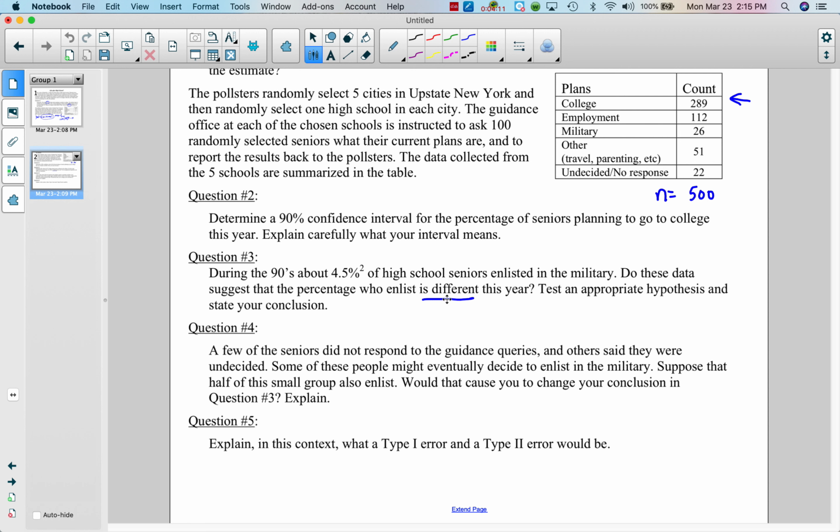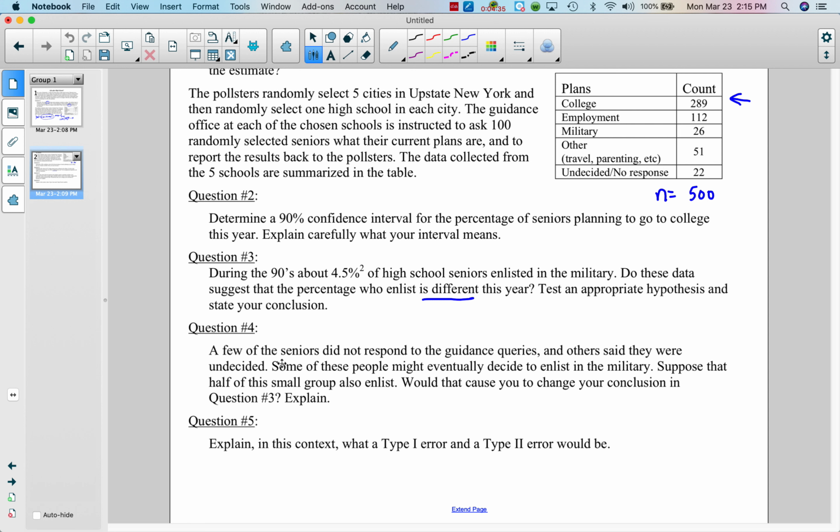For your alternative, notice it says, is it different? So you can't look at the p hat value and say, well, it's smaller, so I'll say less than, or it's bigger, so I'll say greater than. The question just says different, so it's going to be a two-sided test. You'll do the test, make sure you check conditions, go through all the parts you need to do, and then state your conclusion.